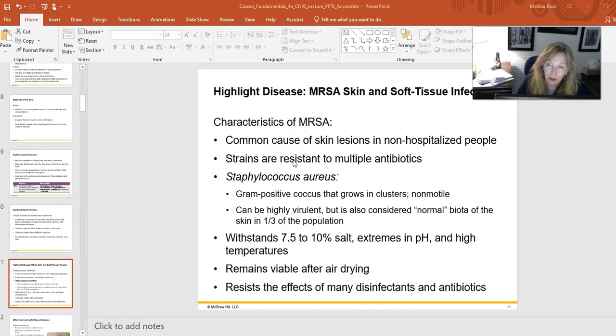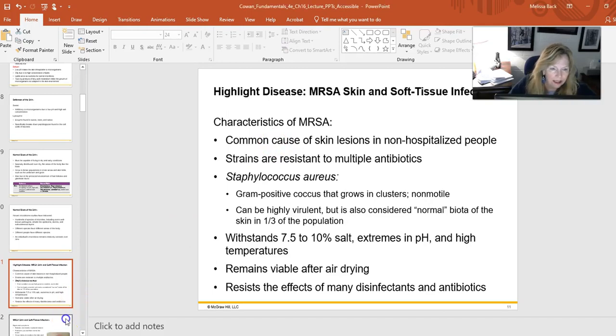or if there are any lesions that occur because of trauma or any other situations, then Staphylococcus aureus can definitely start to overgrow, and it produces some of its very virulent factors that can cause serious damage to the skin and can even become systemic and a life-threatening infection if not treated.